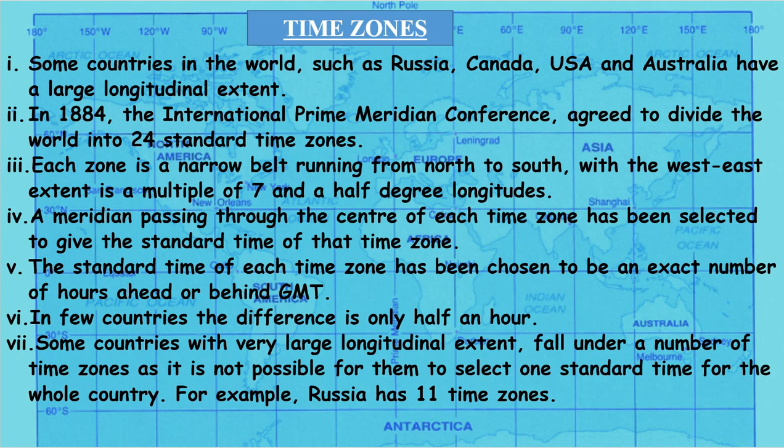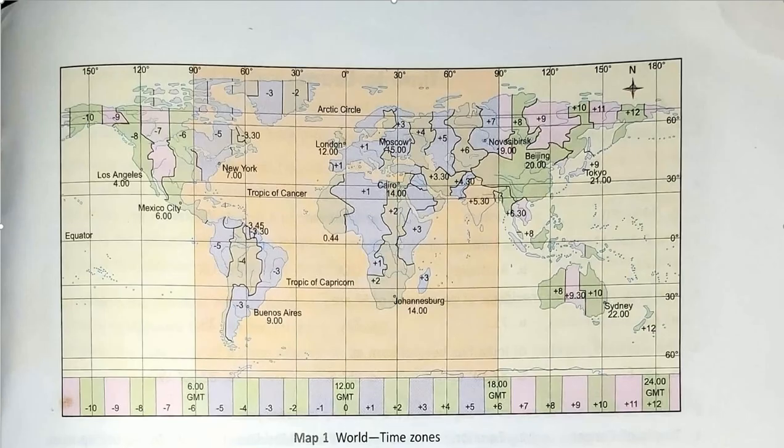Let us try to understand it with the help of a picture. As you can see here in this picture, are you able to see the picture clearly? What we have discussed is that the standard time of each time zone has been chosen to be an exact number of hours ahead or behind GMT.